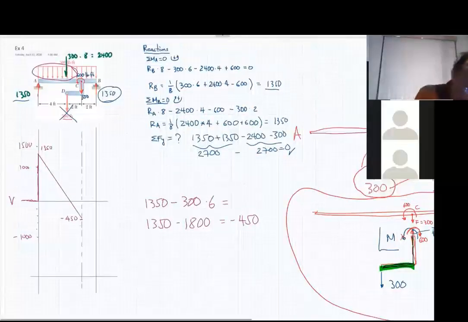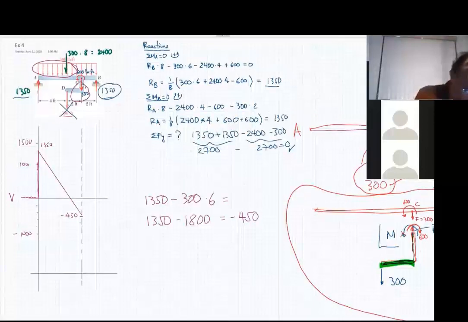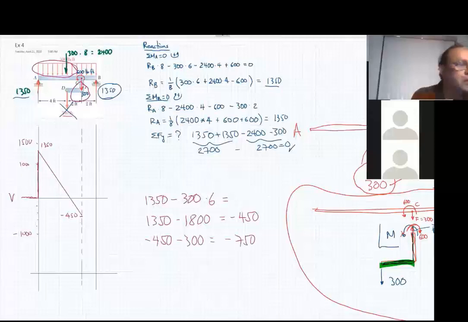I see a load of 300 pointing down, so I have to go down 300 additional, minus 300, so I have to go to minus 750. Minus 750 will be somewhere over here, around here.